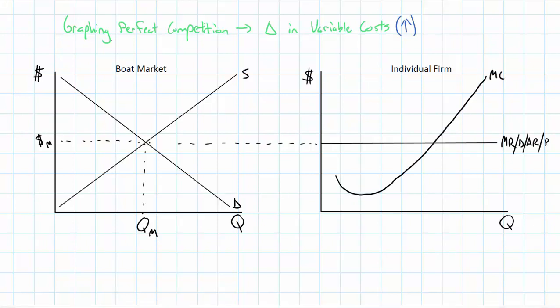Let me start with where MR equals MC, that's always going to be where my quantity is. That doesn't matter if we have profits, losses, economic profits, if we're a monopoly, if we're in monopolistic competition, if it's perfectly competitive, we are always operating where MR equals MC.